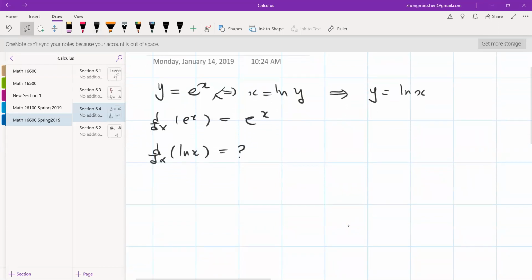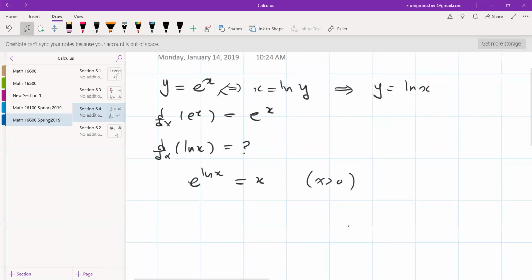Now we remember we have this, right? So this is for x greater than 0. x is always greater than 0, because natural log x and e to the x are inverse to each other. That's why you have this idea. So let's differentiate both sides with respect to x.